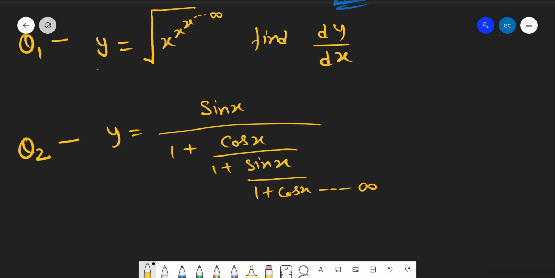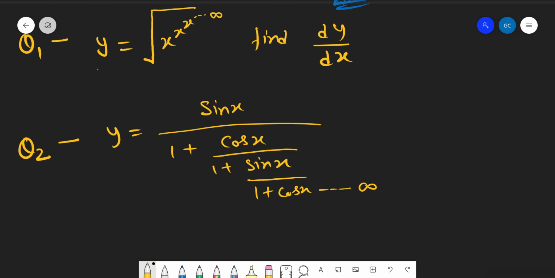So today we have a strange looking question, and we have to find the derivative of it. Let me tell you, these kinds of questions are actually very simple. You only have to find what pattern can be substituted.